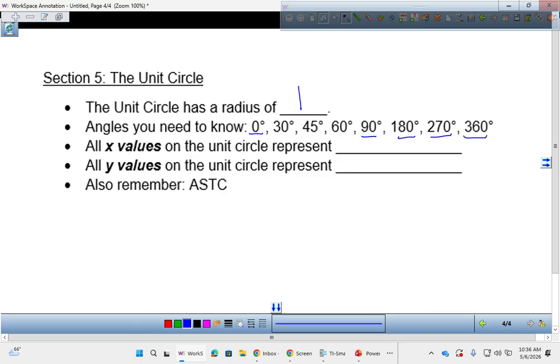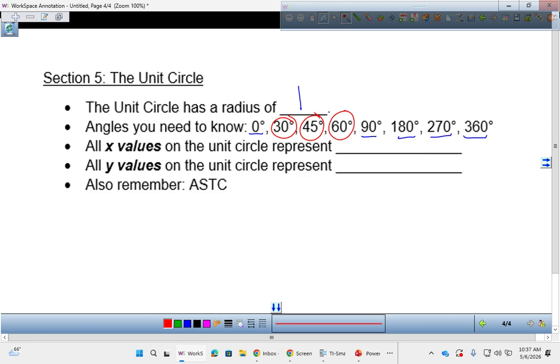So yesterday on your quiz, when I said graph 210 degrees, you knew that went in quadrant 3 because it was between the 180 and the 270. You know those edges. The ones that we're adding today are 30, 45, and 60. Right? You probably know where they are, but we're gonna add stuff to them that you don't know, right?